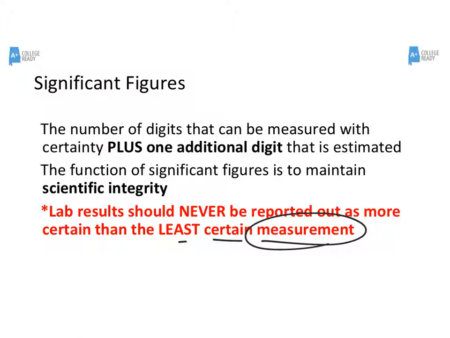So we have to be careful to report out lab results that are never represented as more certain than the least certain measurement we took in the laboratory. This maintains scientific integrity.